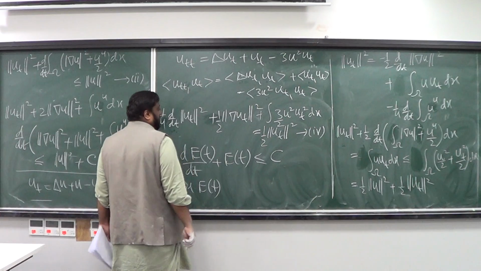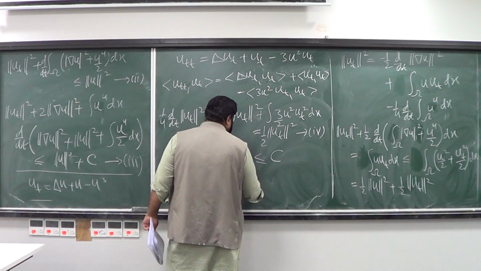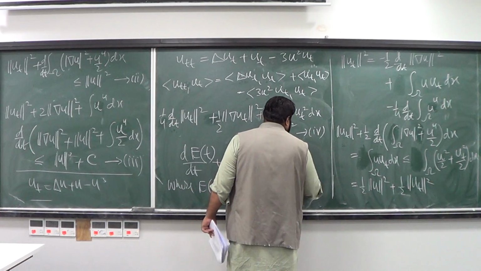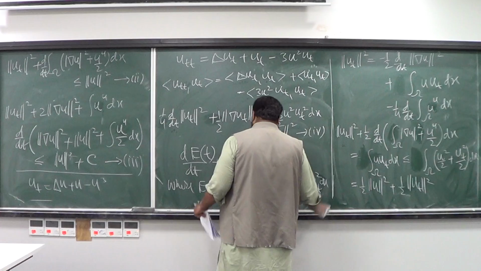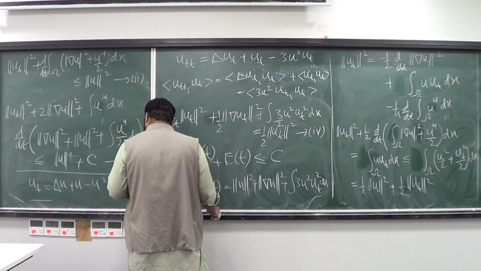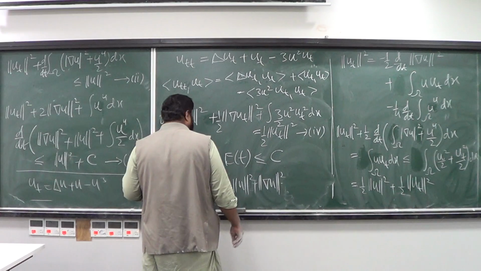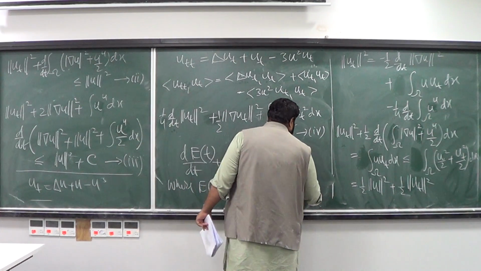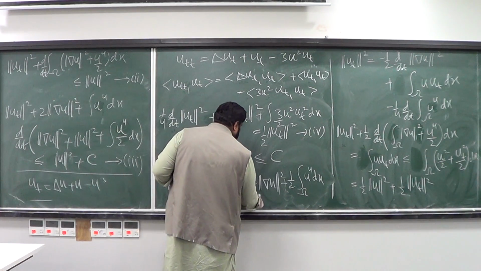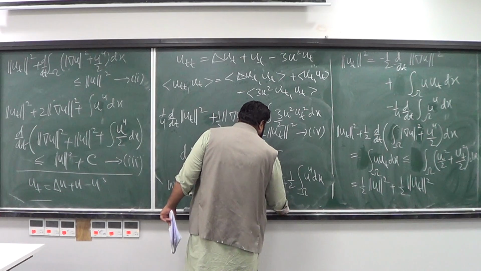So you got your required inequality, where E of t is this long expression, which is the norm of u square plus the gradient of u square plus 3u square ut square dx, okay, and so the norm of u square plus the gradient of u square plus 1/2 the integral of u power 4 dx, plus 1/4 of the norm of ut square actually.